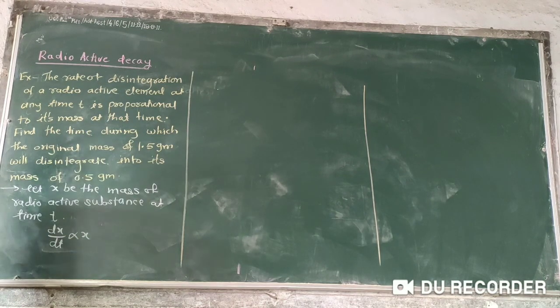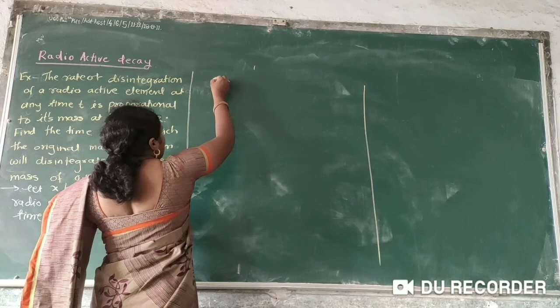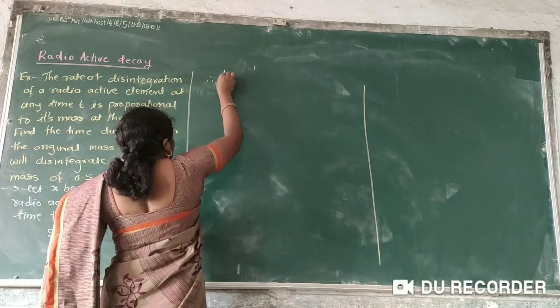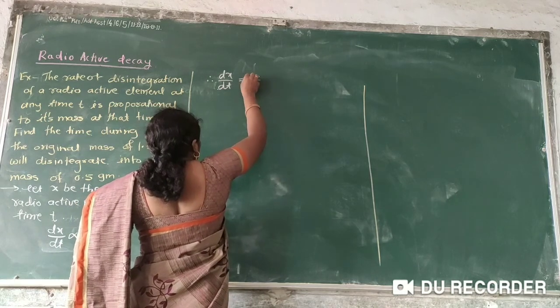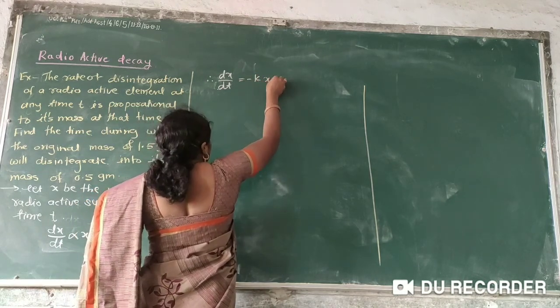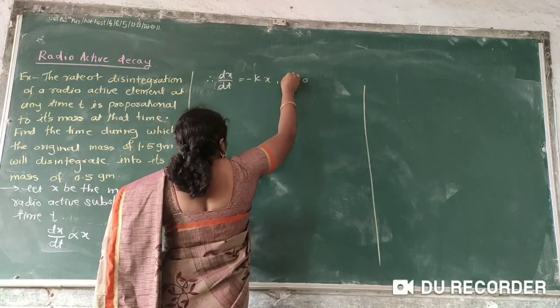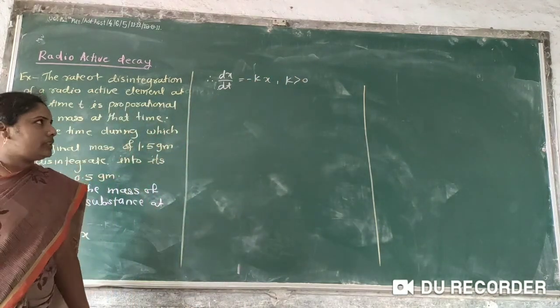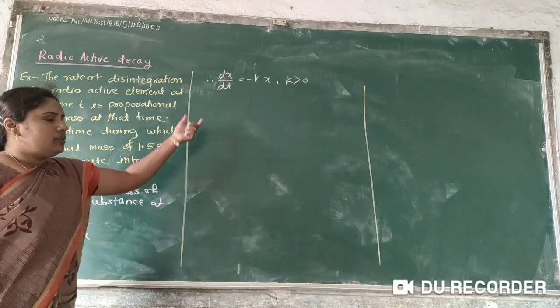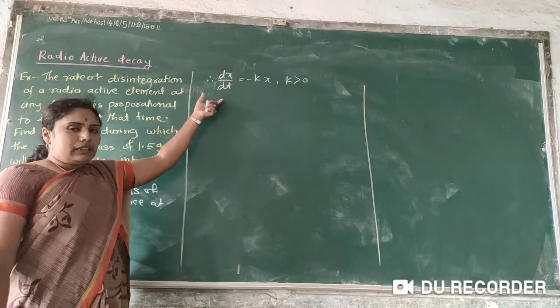Take k as the proportionality constant, therefore dx by dt is equal to minus k into x. k is always greater than 0. Take this minus sign because the mass of the substance is decreasing.